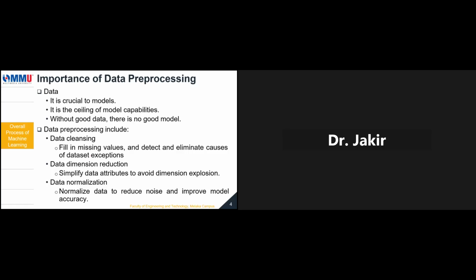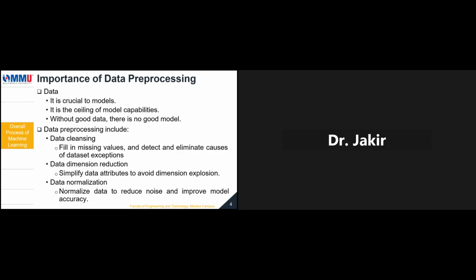We call them data cleansing or data cleaning, data dimension reduction or feature reduction techniques, and data normalization. We need to normalize the data to reduce the noise and improve the model accuracy.